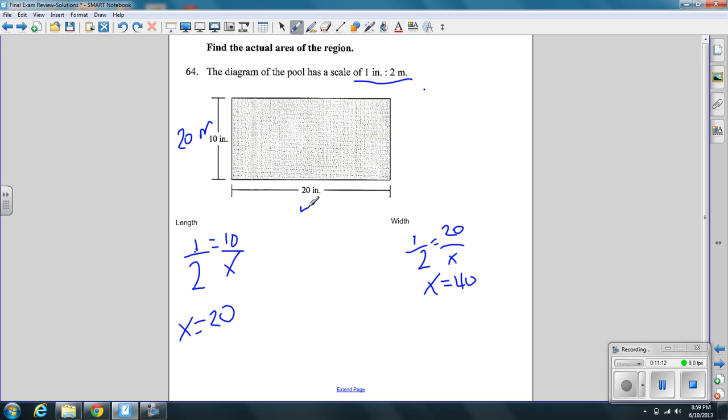So the real measure in actuality is 40 meters. But the question is, find the actual area. Well, to find area, hopefully you all know this, area equals length times width. So area is really 20 by 40.